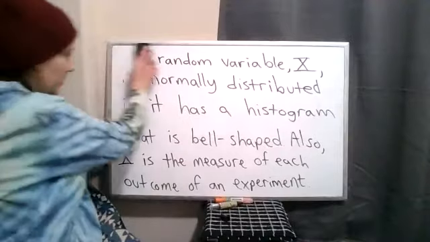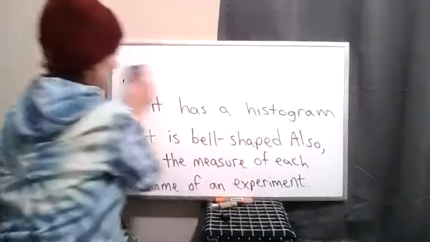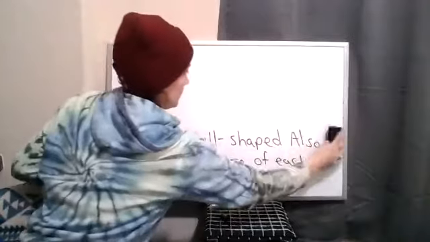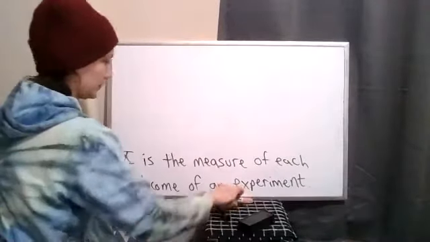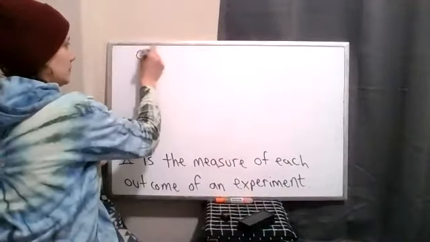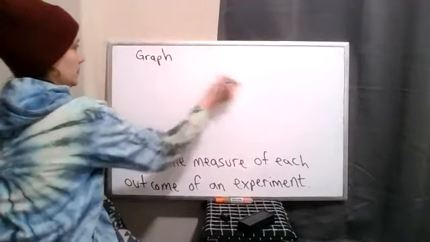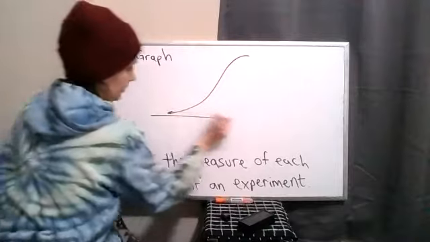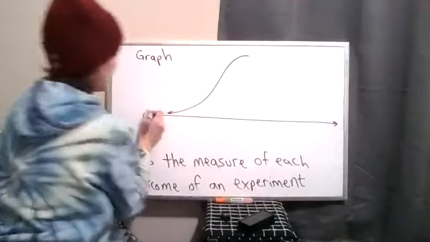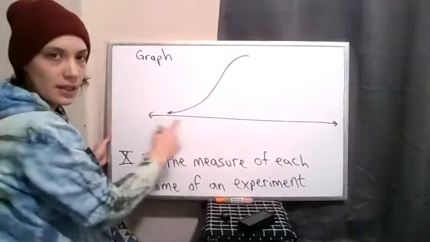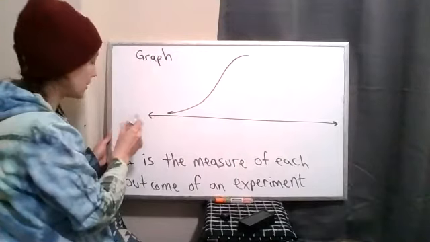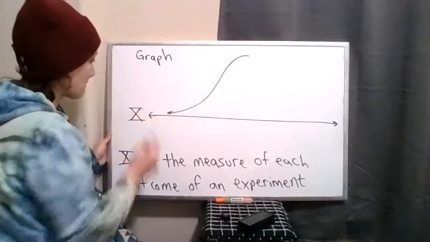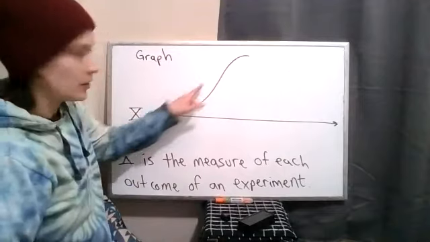So let's start with a picture. Okay, so this is a number line for all of the X values. And then we're drawing the distribution.